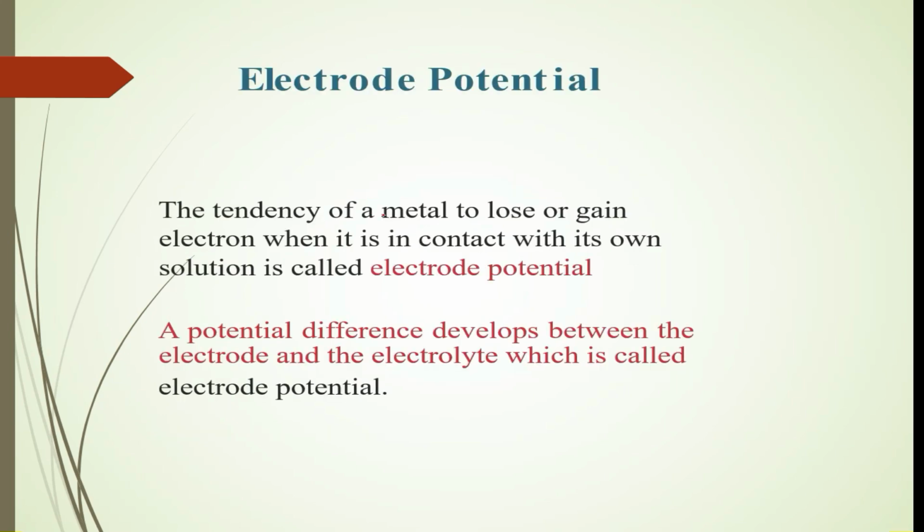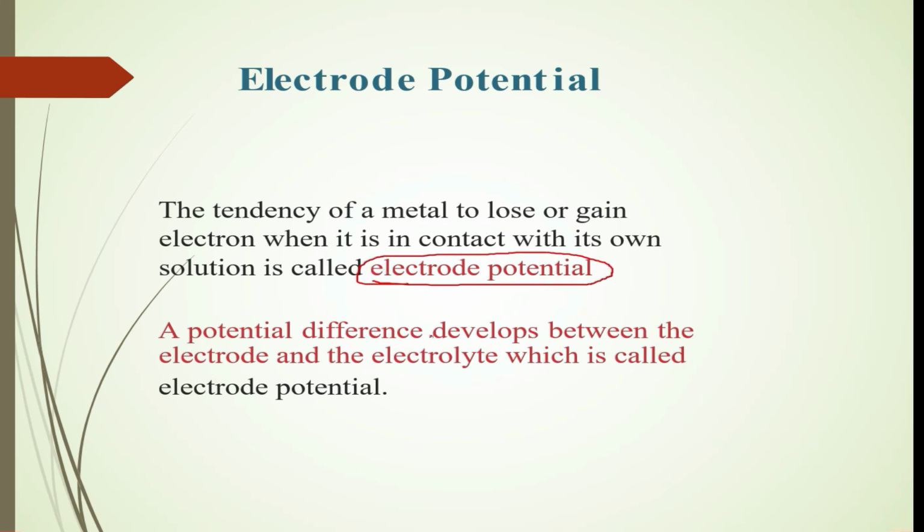Electrode potential. What is meant by electrode potential? The tendency of a metal to lose or gain electrons when it is in contact with its own solution is called electrode potential. In that diagram, zinc rod in zinc sulfate solution, copper rod in copper sulfate solution, according to that we find their potential, which is the electrode potential.